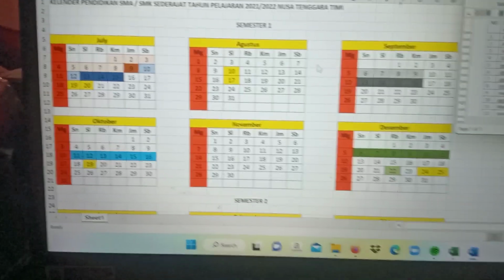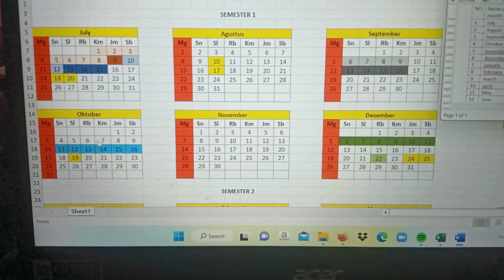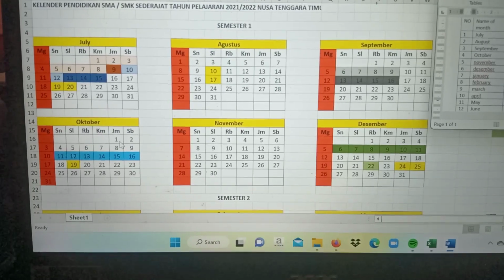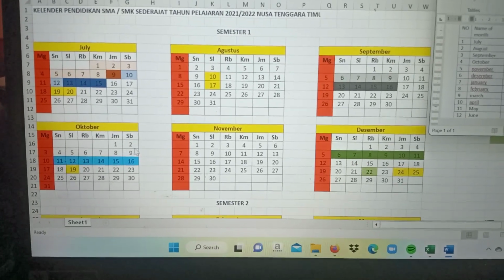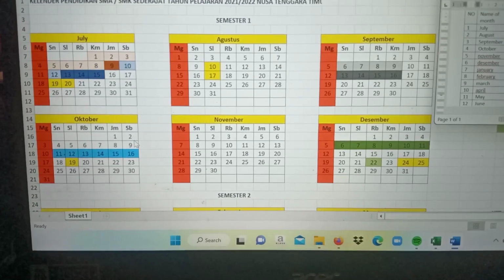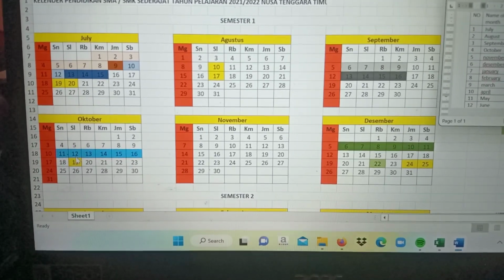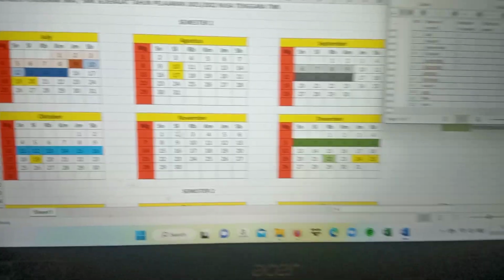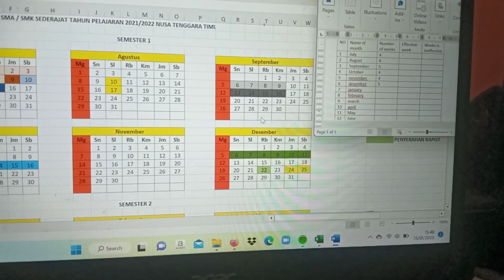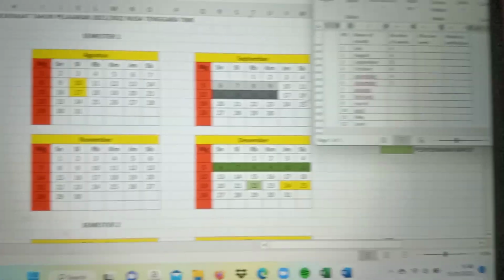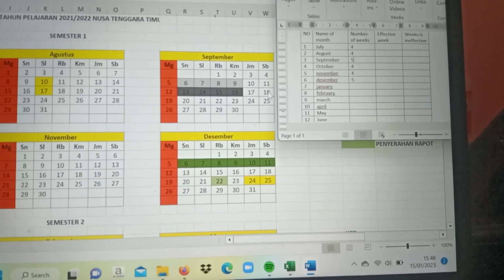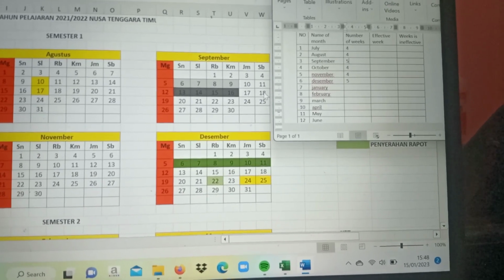Next in October, because the first week only has 2 days, it cannot be counted as 1 week. So let's start from here. 1, 2, 3, 4. So October has 4 weeks. I already wrote it here.